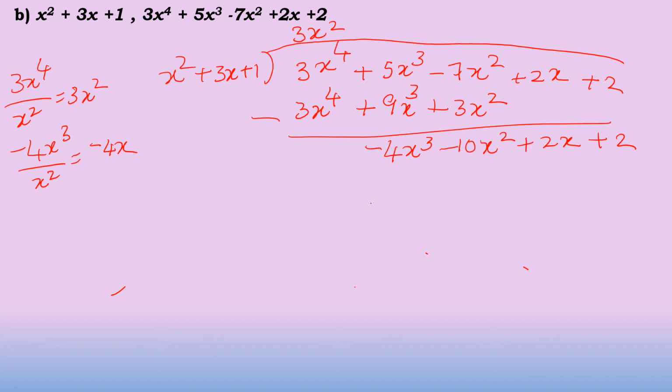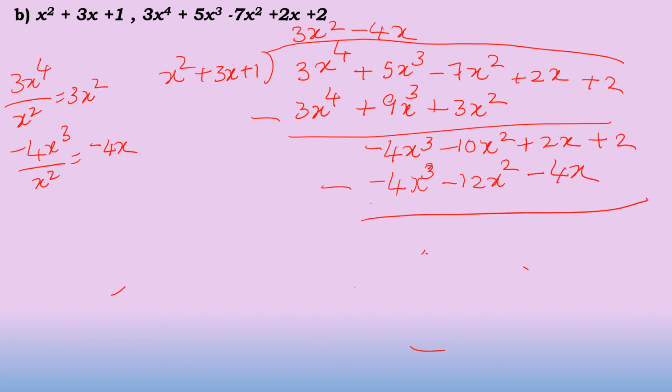So you write the next term in the quotient as minus 4x. Now minus 4x into x square will be minus 4x cube. Minus 4x into plus 3x will be minus 12x square. Minus 4x into 1 will be equal to minus 4x.